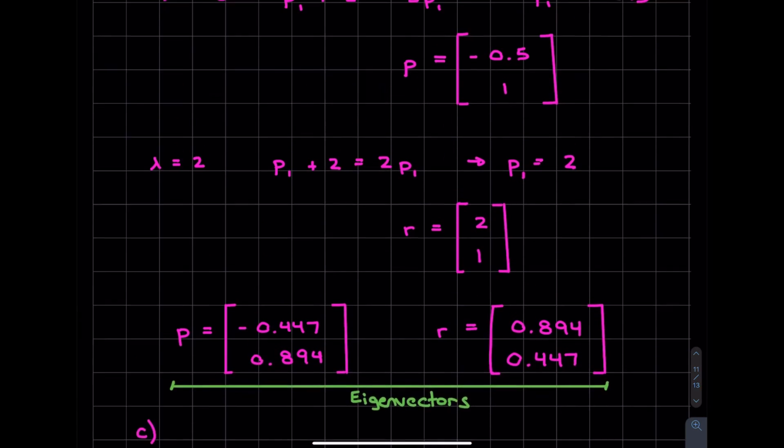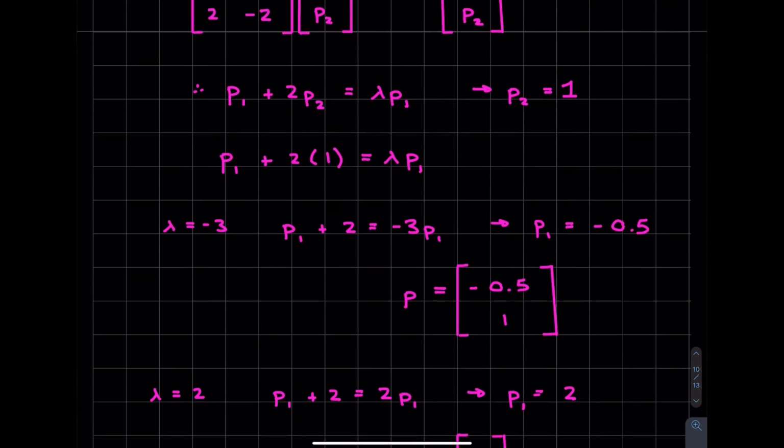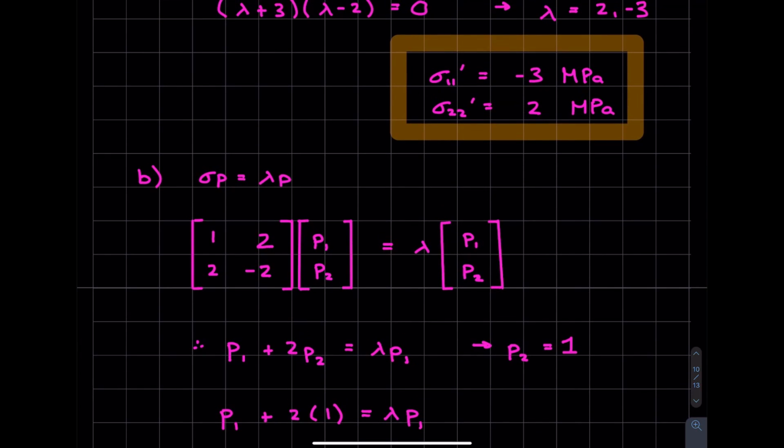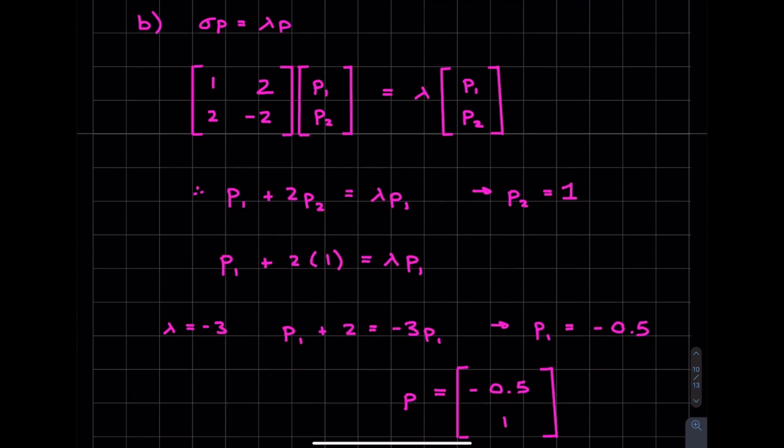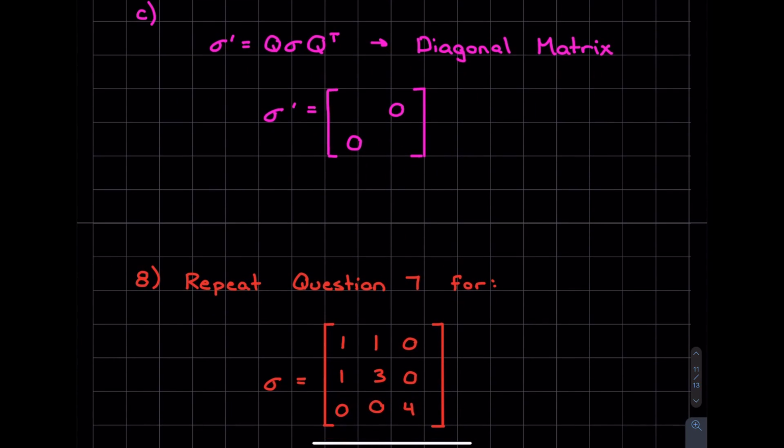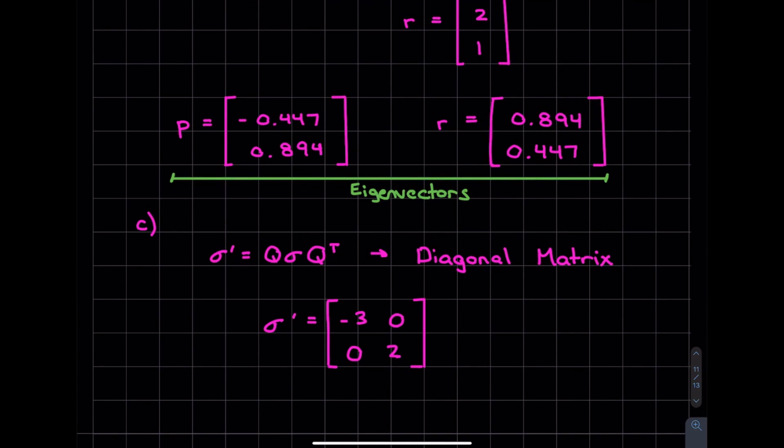So I come up here and say, okay, wait a second, I know my eigenvalues. Well, I thought I did, but okay, there they are. We know that sigma 1,1 and sigma 2,2, I already have them listed, are negative 3 and 2. So I just come down here and I say, all right, well, sigma prime is just going to be negative 3, 2 on the diagonal. Nice and easy.